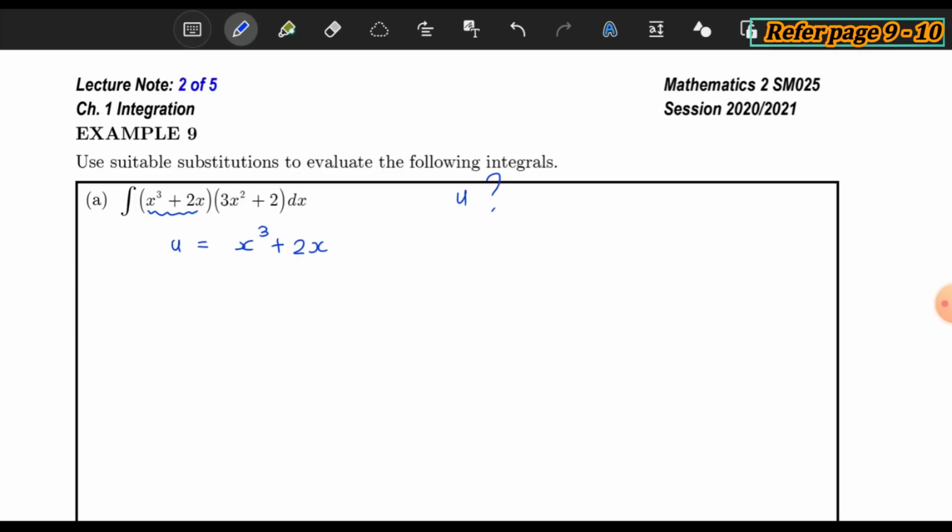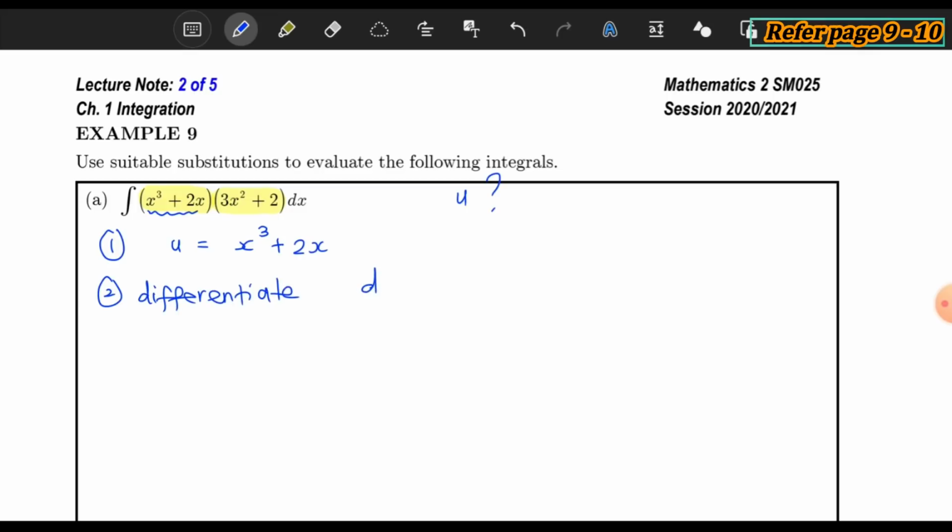If you notice here, the first term is a polynomial function, and the second term is also a polynomial function. Both are from the same family, so usually we will use the substitution method. So the first step is to choose u. Second step, we need to differentiate.